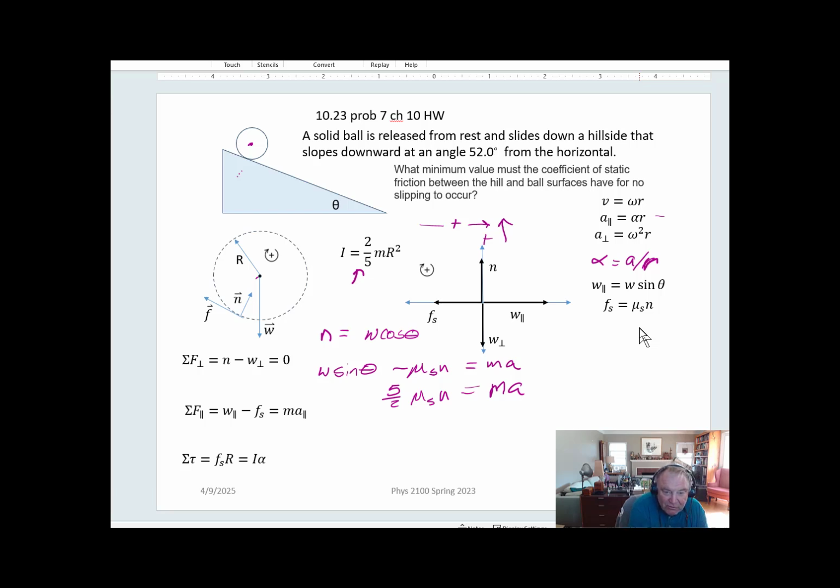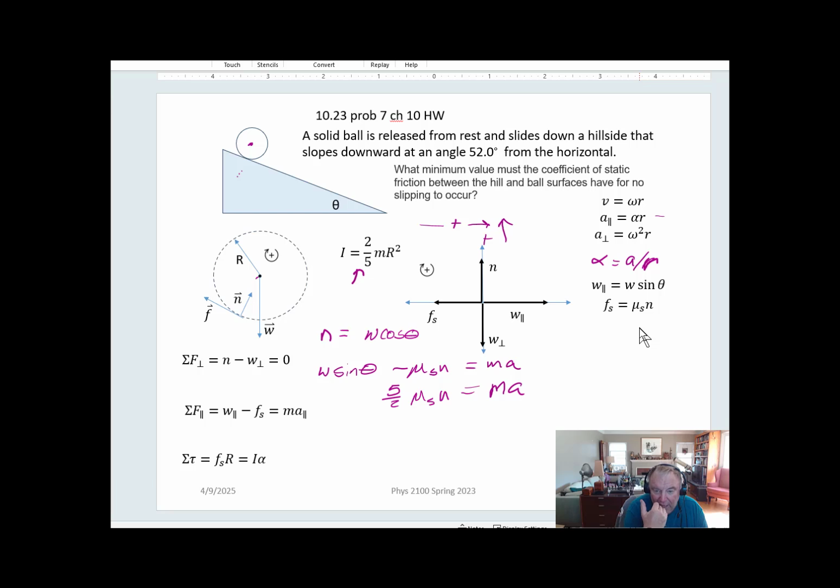So with three equations, we have n and W and a and mu sub s, but W equals mg, so we'll see.